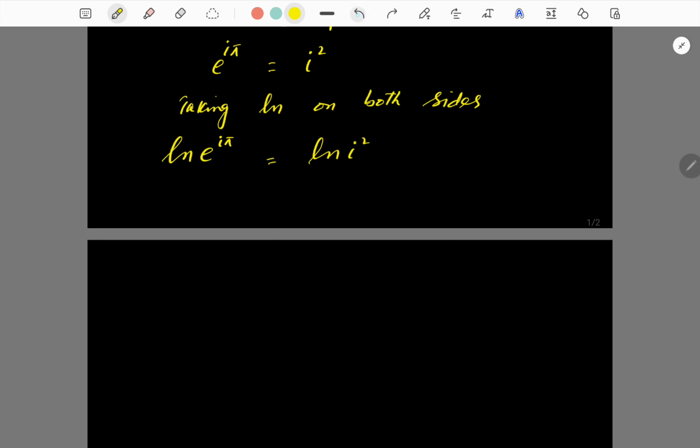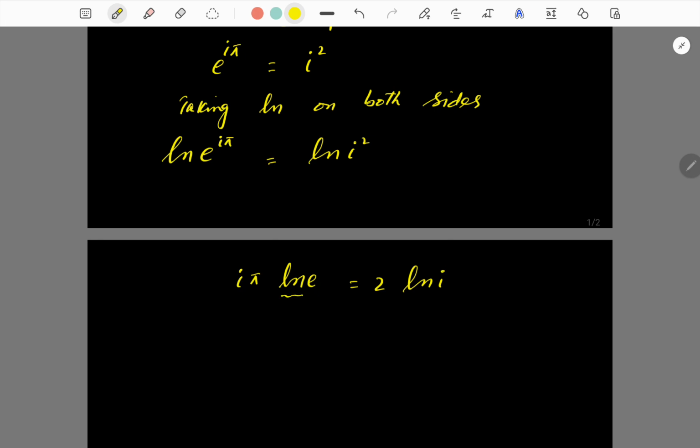So by the rule of natural log, iota pi natural log of e will be equal to 2 times natural log of i.